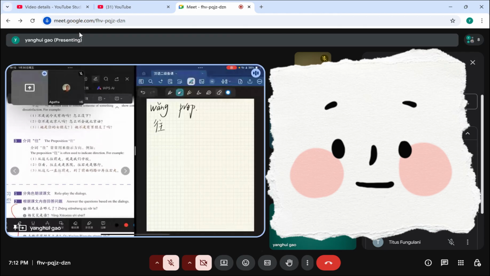And then we learn the words that indicate the direction: the front, the back, left, and the right. Front 前. Back 后.